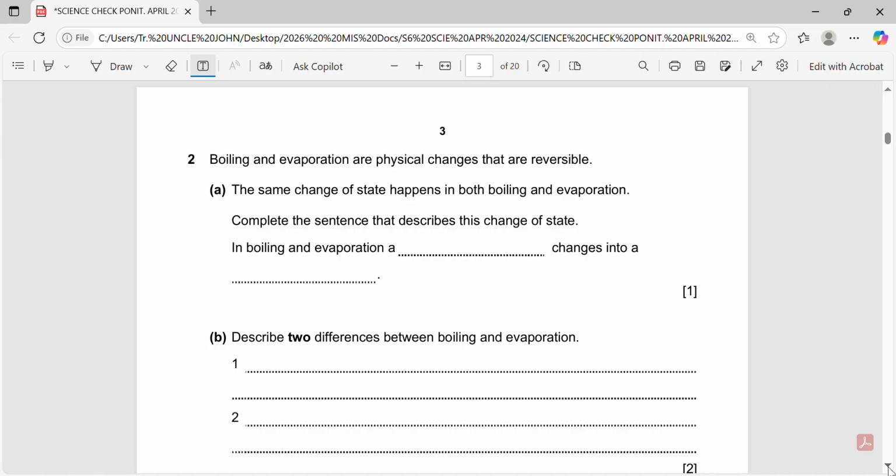You can say a liquid changes into a gas.